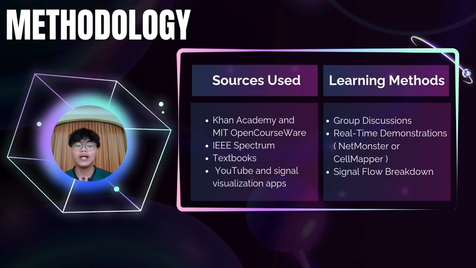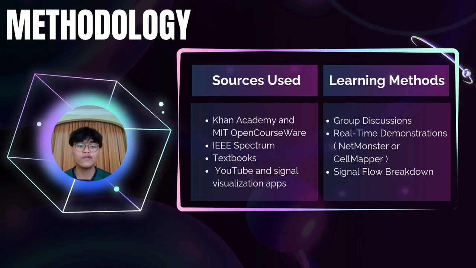Other than that, IEEE Spectrum offers up-to-date articles and case studies about wireless communication. We also used textbooks such as Physics: General Principles. And last but not least, we also used YouTube and signal visualization apps to see how signals behave in real life.